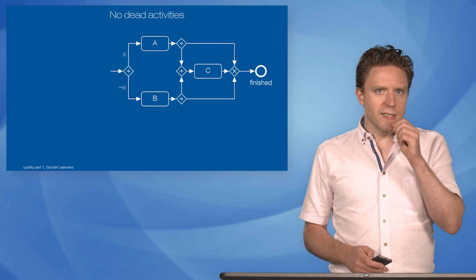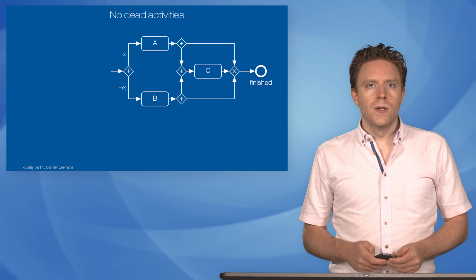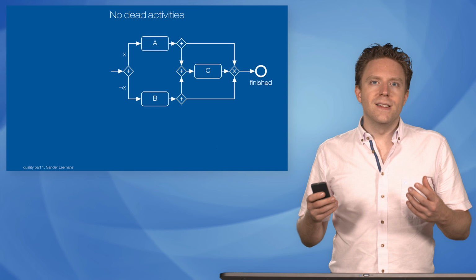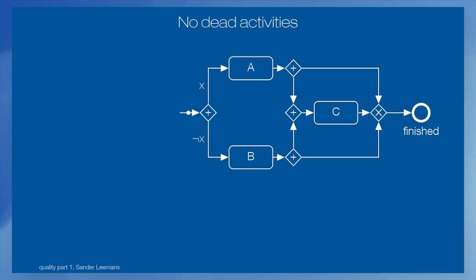Let's look at no dead activities. And let's play the token game to see which activity here is dead and why. We have a token, and let's say that, again, condition X holds. We execute A and then end up before the parallel split. The parallel split splits the token in two, and one token ends up before the AND join, and the other one goes towards the XOR join.